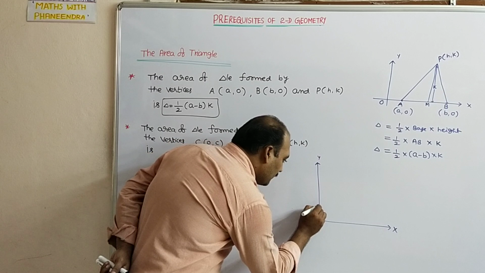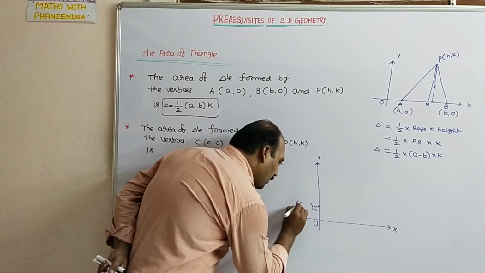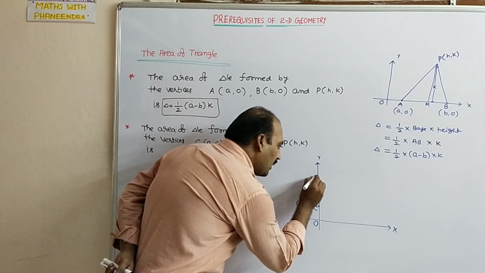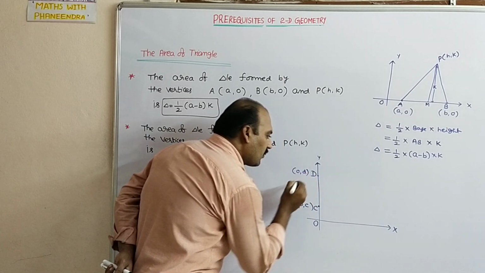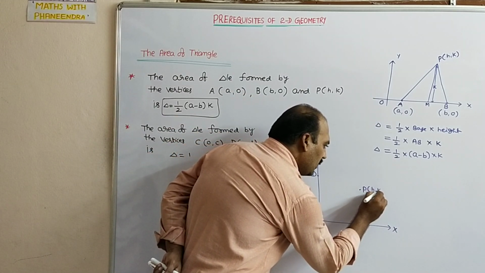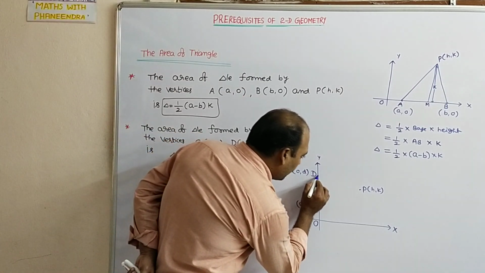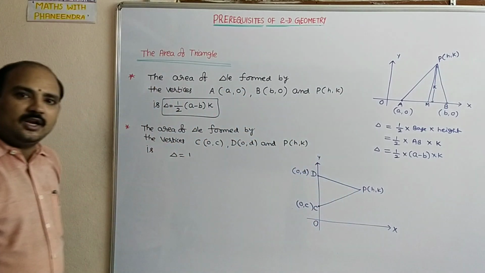So here capital C (0, C), here capital D (0, D), and another point P (H, K) will be here only. Join these points now. We will get a triangle.